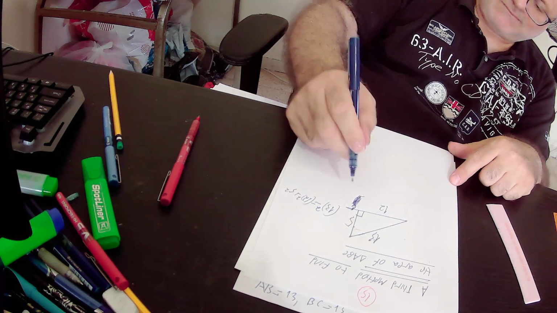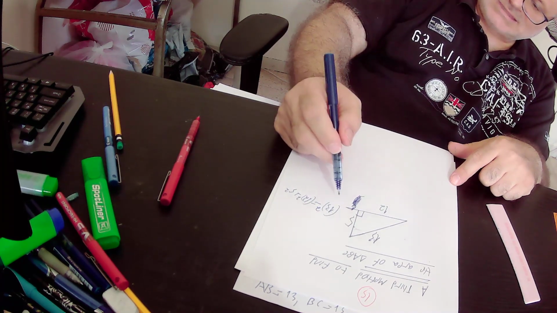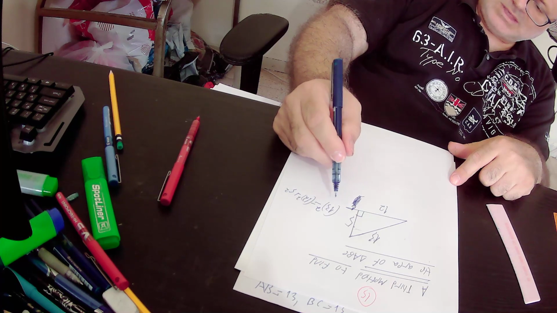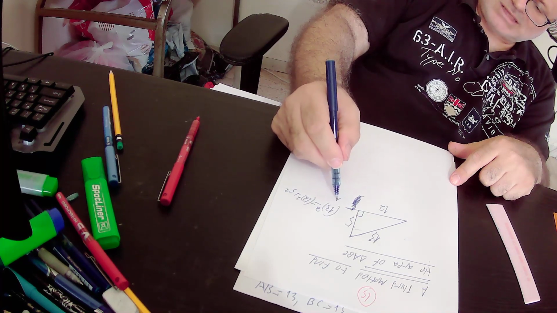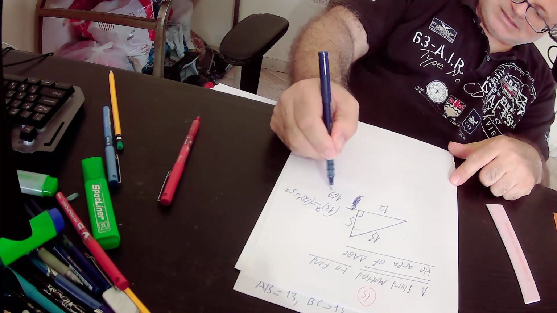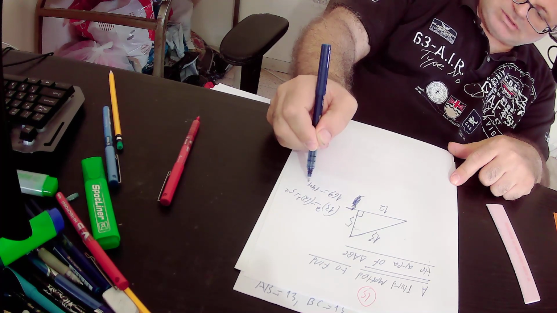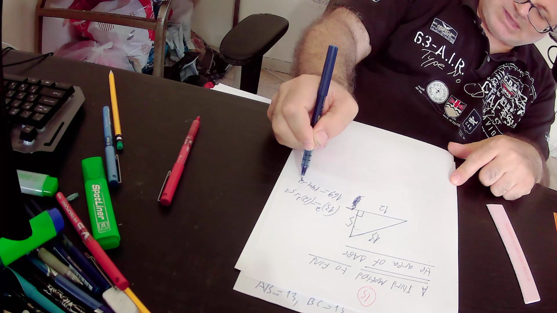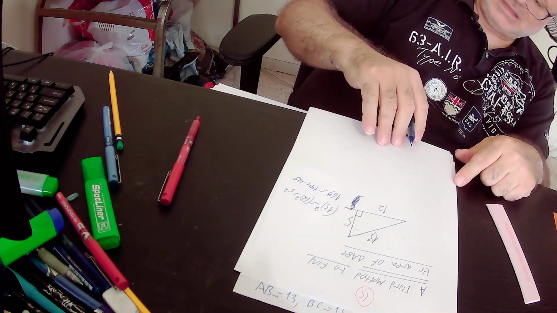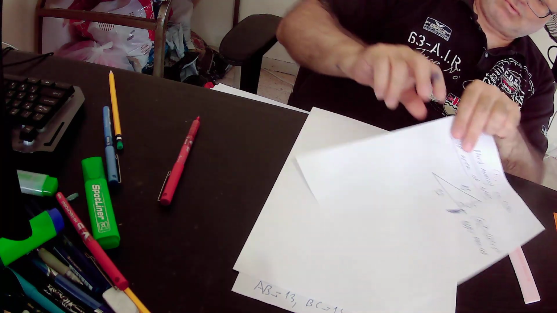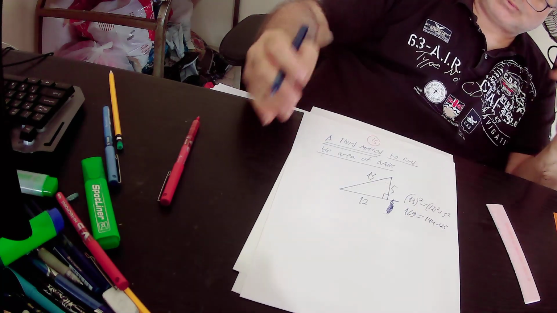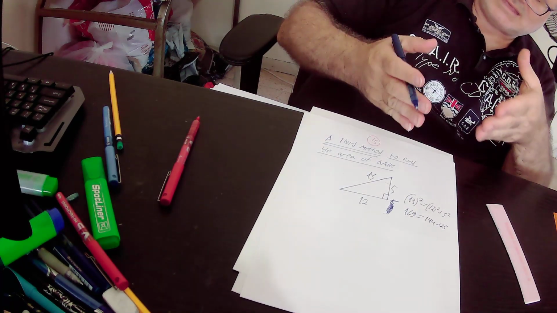So we'll check if this equality is true. 13 squared is 169, and 12 squared is 144, plus 5 squared is 25. And indeed, 144 plus 25 equals 169.